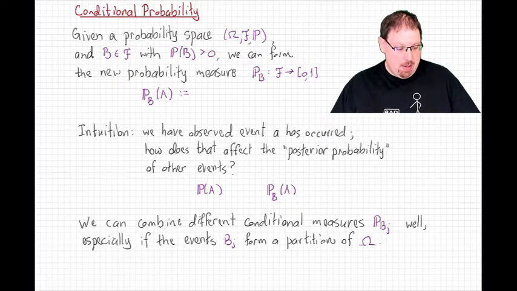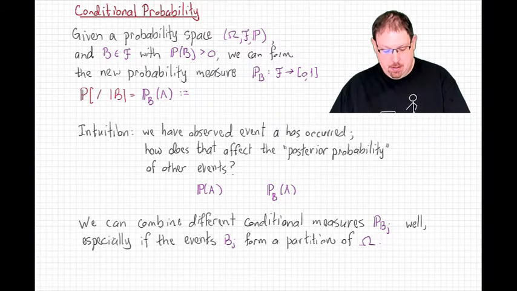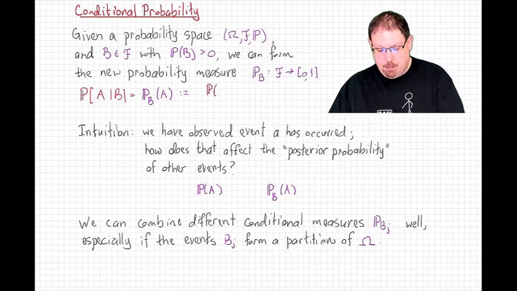I'm calling it PB here, although another notation for it that's quite common is probability given B of another event A, and that's simply defined to be the probability of A intersect B divided by the probability of B.